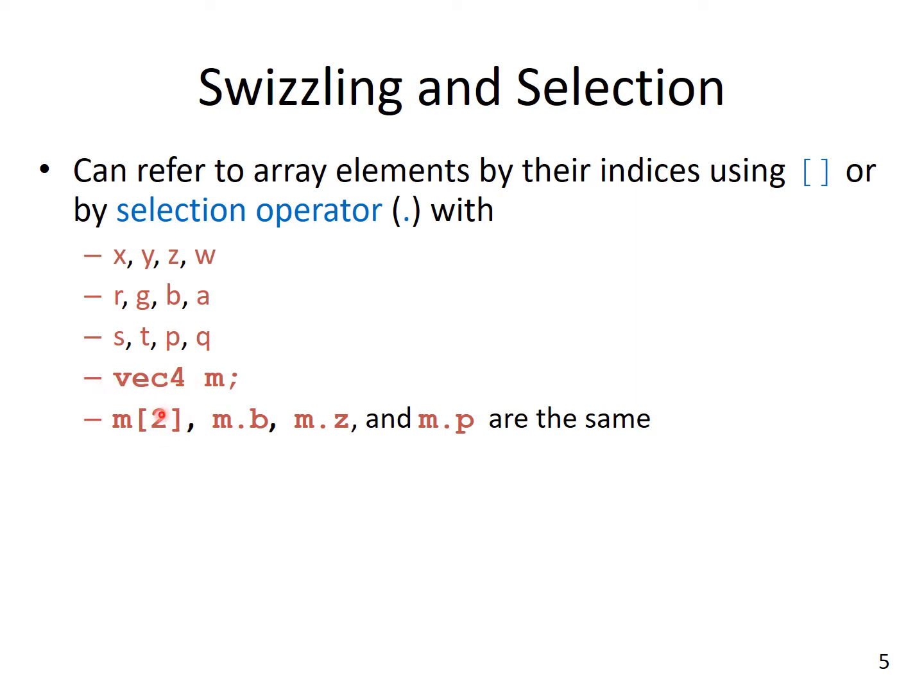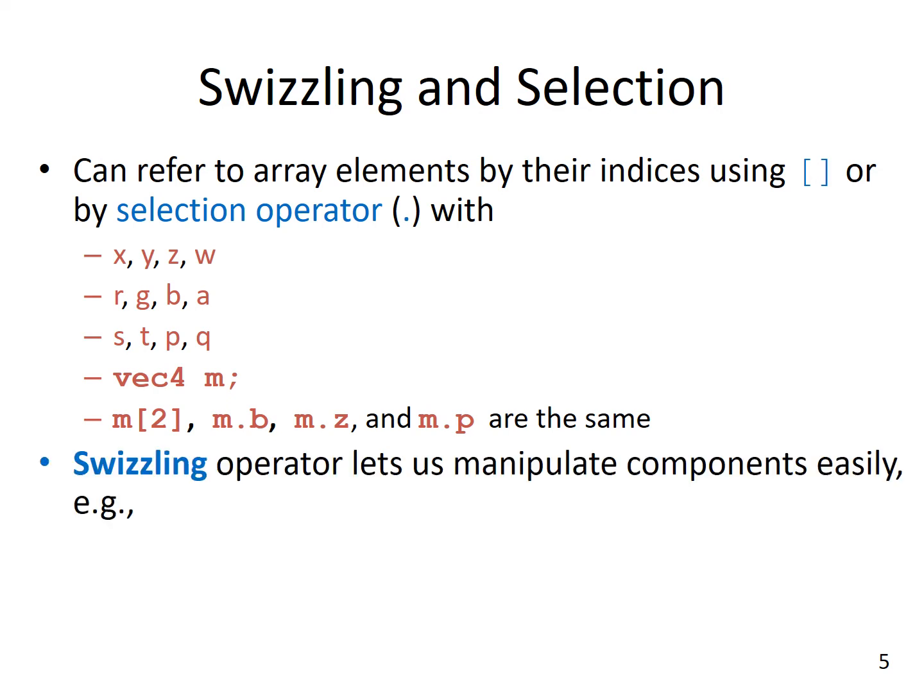So m[2] means we are referring to the third element because the indexing starts from 0. So m[2] is basically the same as m.b if it is an RGBA vector, or m.z if it is an xyzw vector, or m.p if it is an stpq vector.